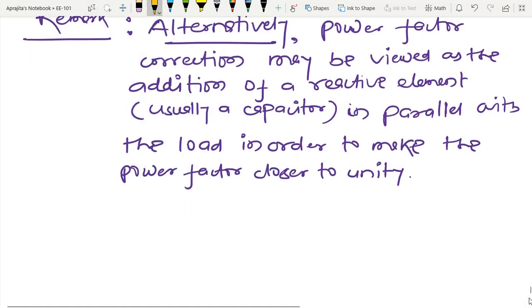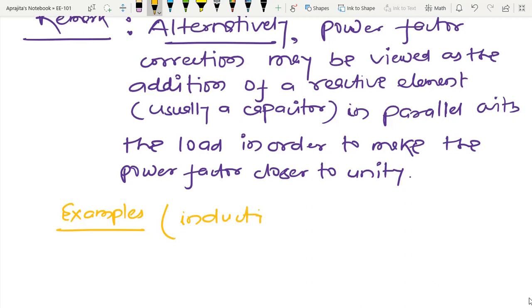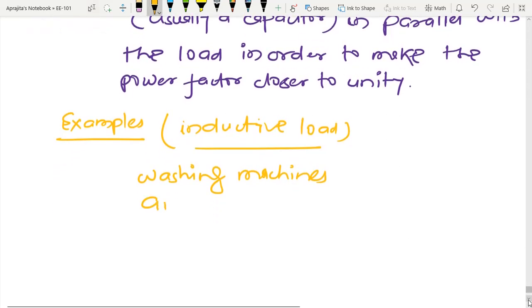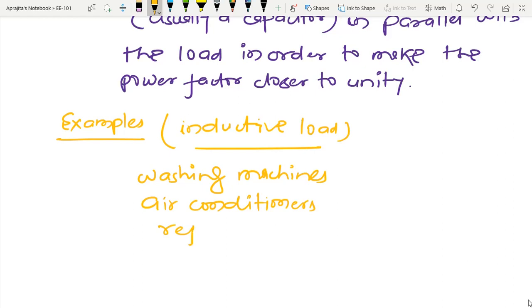Just for the record, some examples related to the inductive load: washing machines, air conditioners, refrigerators, and we have induction motors in industry also.